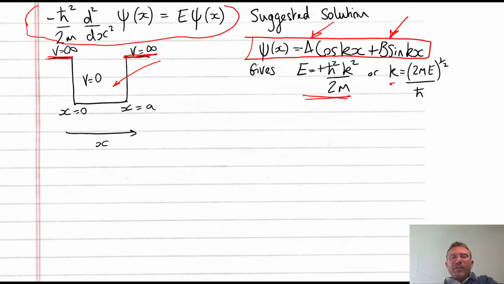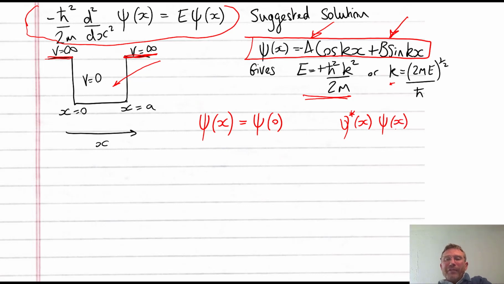So what we now need to do is apply these boundary conditions to our solution. We recognize the importance of probability, and we said that the wave function squared, or more importantly, the complex conjugate of the wave function multiplied by the wave function, ends up being the probability density.